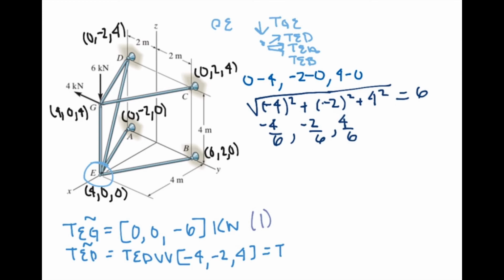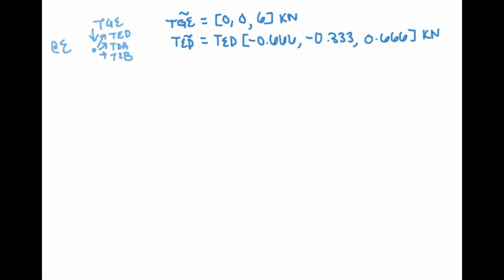This puts us at TED negative 0.666, then negative 0.333, and then positive 0.666 kilonewtons. And this is going to be our second equation.